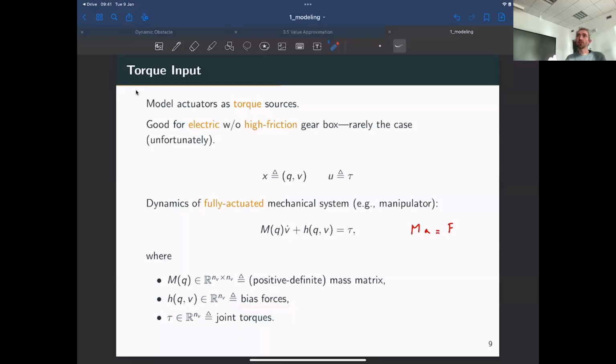It contains all the forces that are due to Coriolis, centrifugal, and gravity effects. And those depend on both the joint configurations and the joint velocities. So that term depends on Q and V.